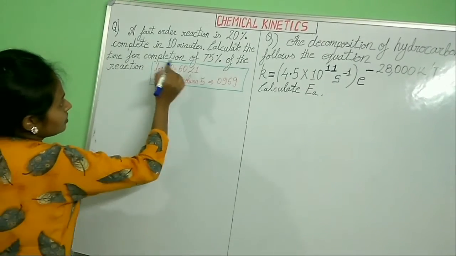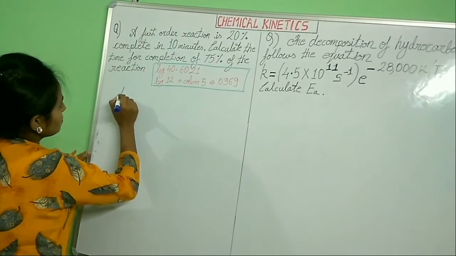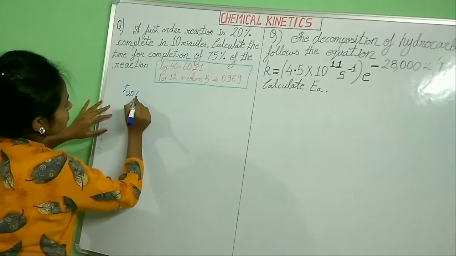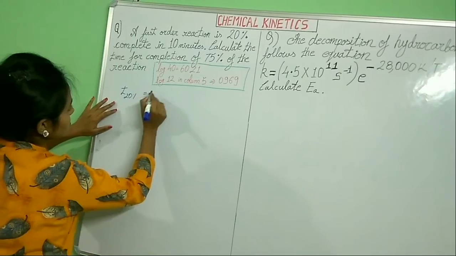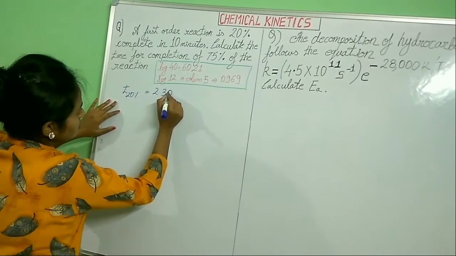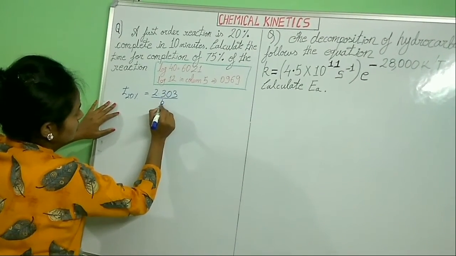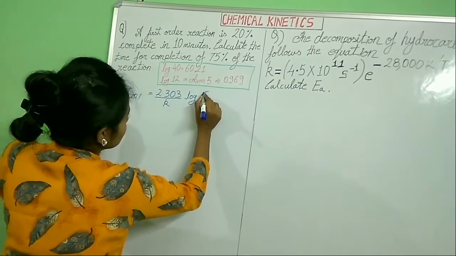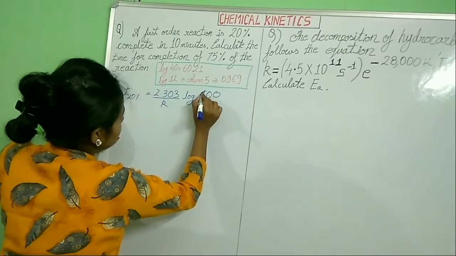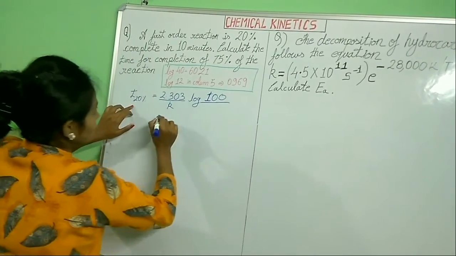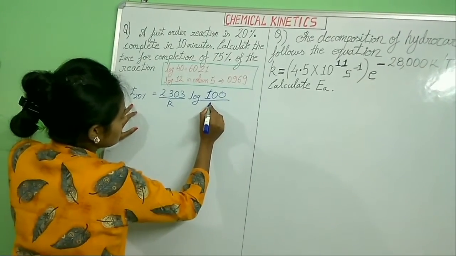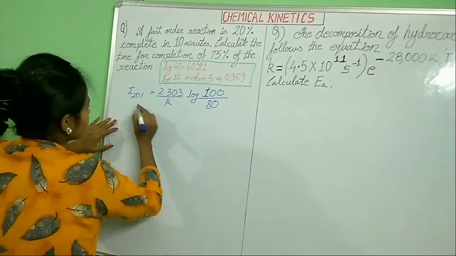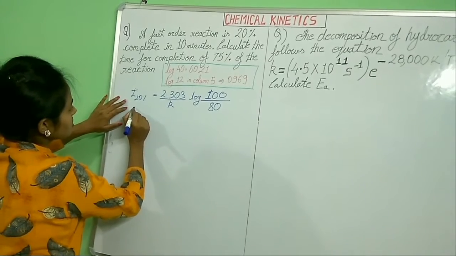And now let us see, time taken for completion of 20% of the reaction is, how to write the formula? 2.303 by k log, let the initial be 100. Okay, let the initial be 100, and if 20% is consumed, how much is left out? 100 by 80.